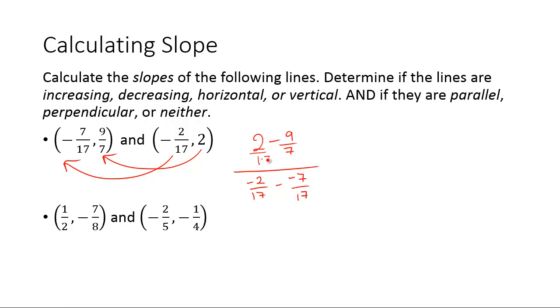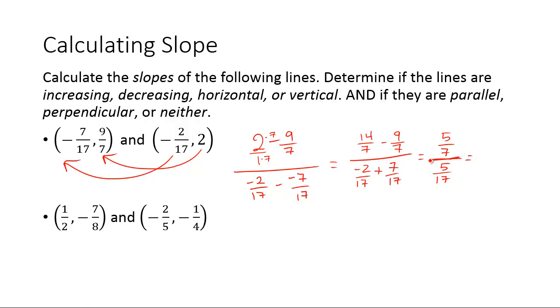And we need a common denominator, so multiply by 7. That leaves you with 14/7 minus 9/7 all over negative 2/17. And I'm going to make the 2 minuses a plus, 7/17. So that gives you 5/7 over 5/17.